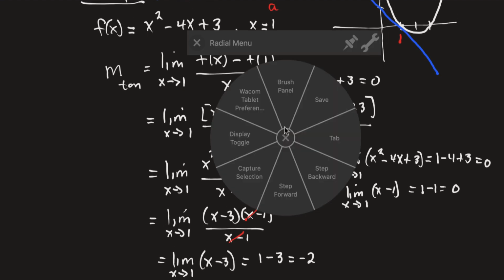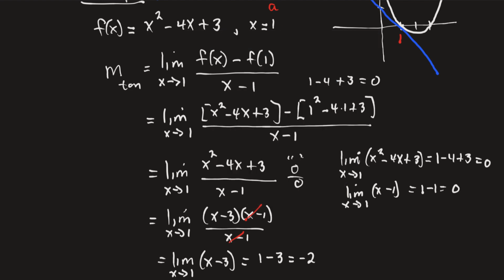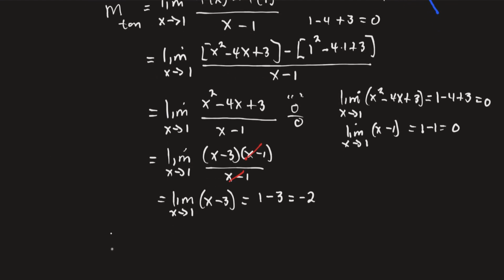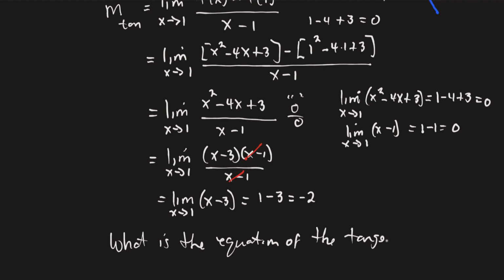What if I wanted to find the actual equation of the tangent line? So there is its slope. Here's the follow-up question. What is the equation of the tangent line at that point? So of the tangent at x equals 1.